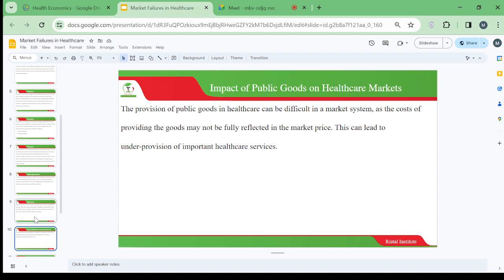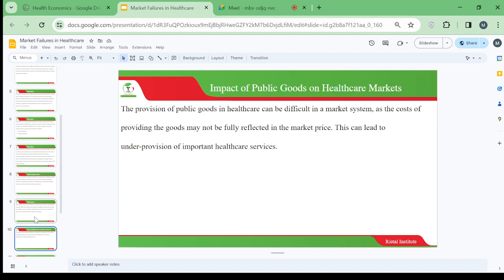Therefore the government usually comes in and provides the vaccines to these private facilities for free, such that even if it is a private hospital, immunizations can take place using the vaccines that are provided by the government.